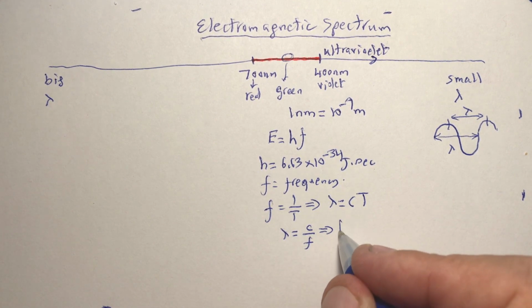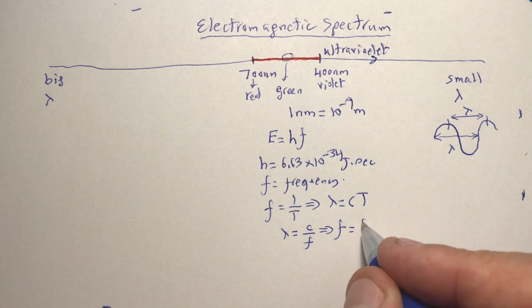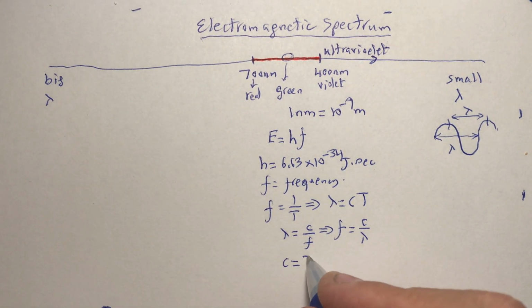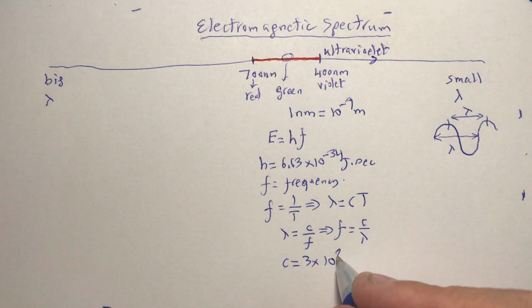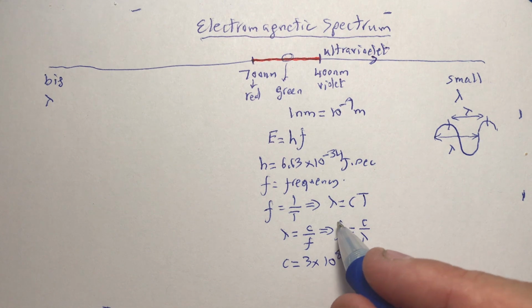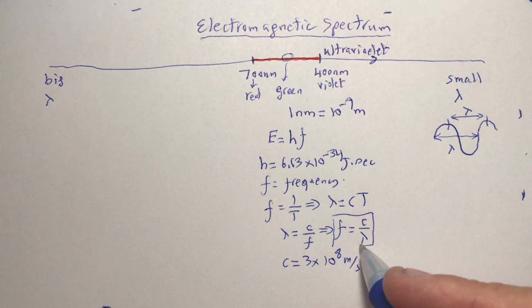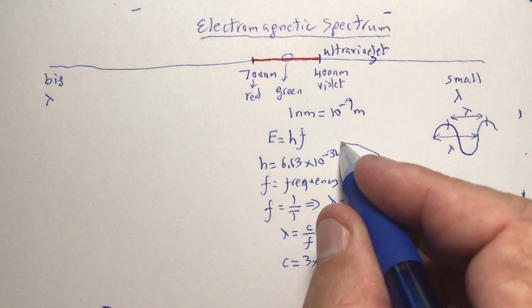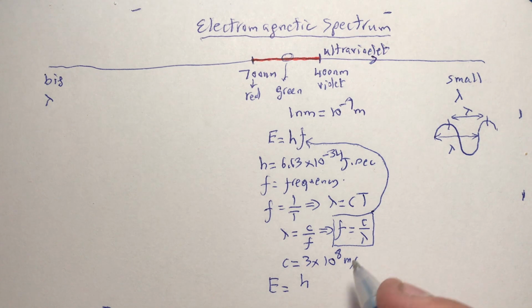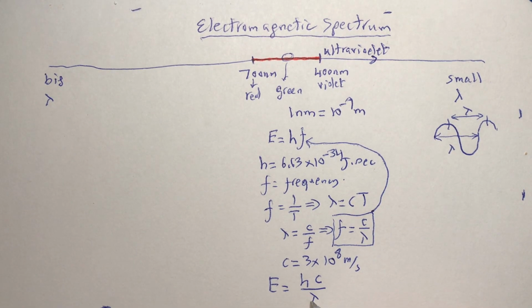So the frequency of light is equal to c, speed of light, over lambda. The speed of light is just 3 times 10 to 8 meters per second. Now we take this frequency here, and then we put it there, and we get the energy. So the energy is equal to h times c over lambda.